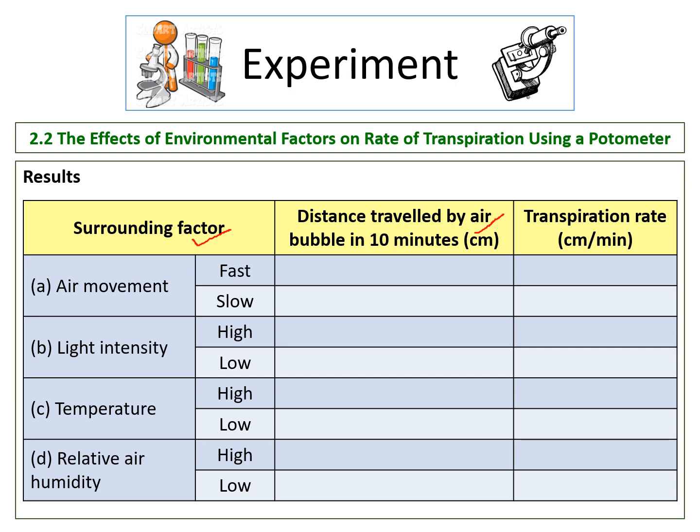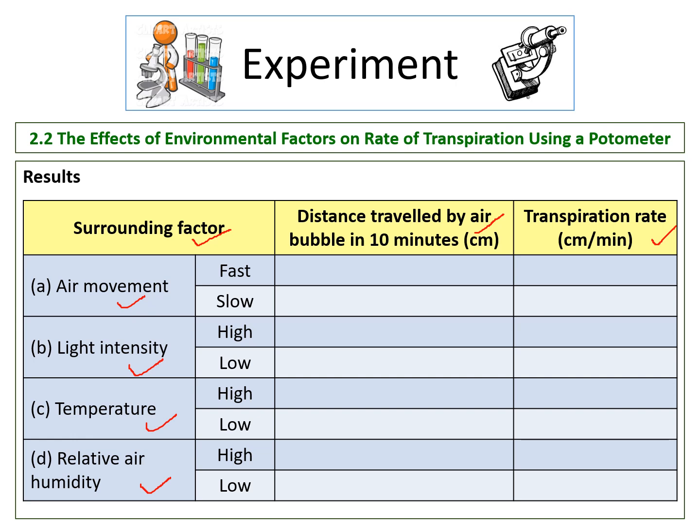This one we get from the result of the experiments. Transpiration rate, this one we have to calculate using the formula. Air movements, light intensity, temperature, and relative air humidity. This is all the environmental factor that we study in this experiments.